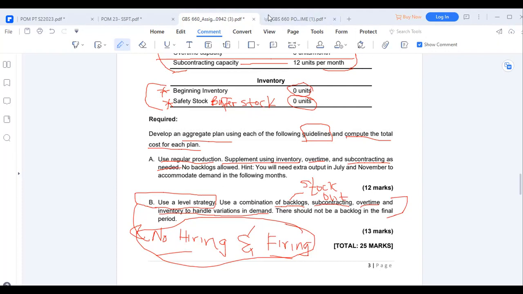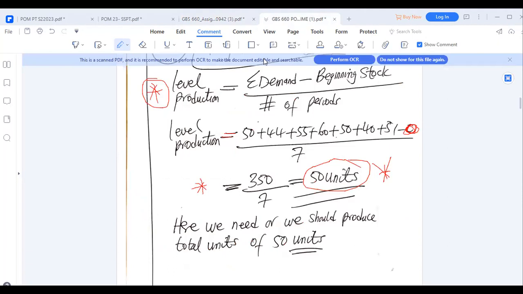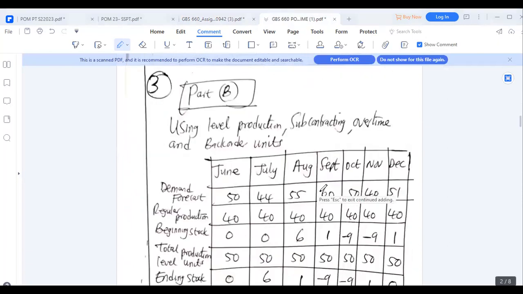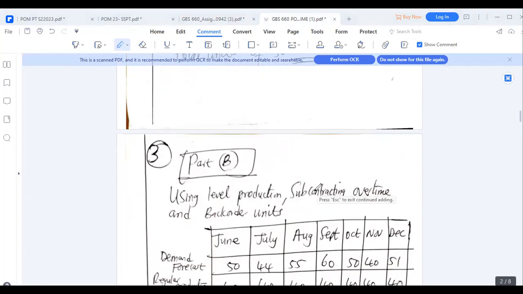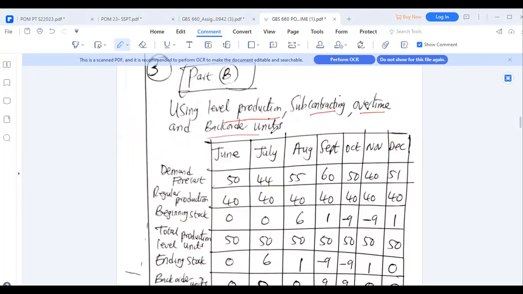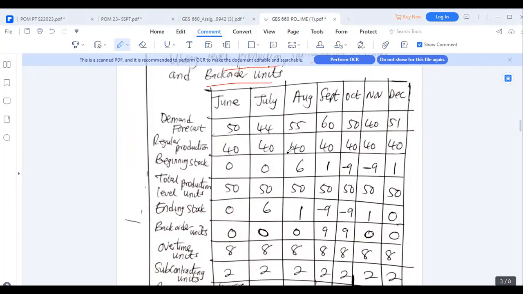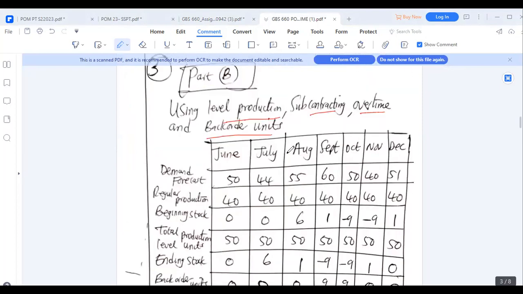All right, so now getting down to this one, as we produce the 50 units using level production, subcontracting, overtime, and back order units, we have June, July, August, September, October, November, December. The demand forecast is 50, 54, 55, 60, 50, 40, and 51.